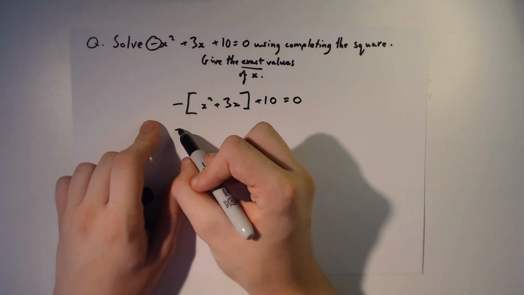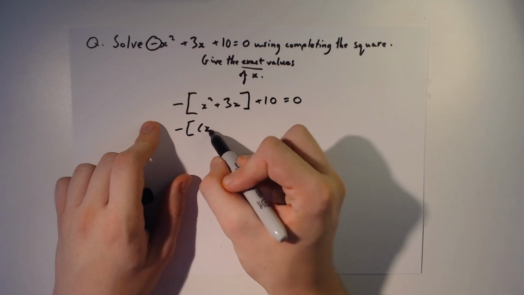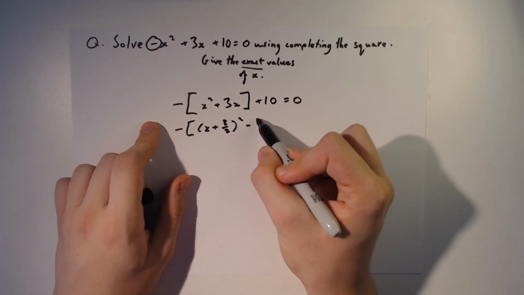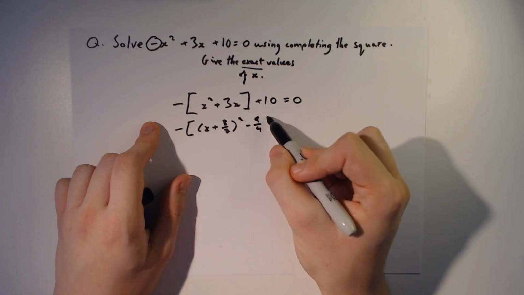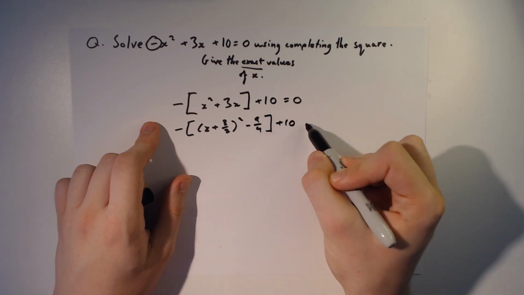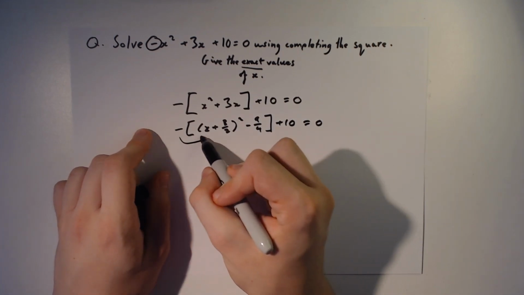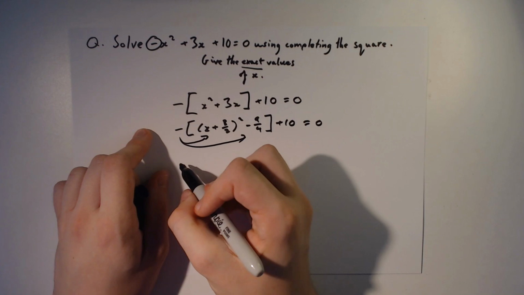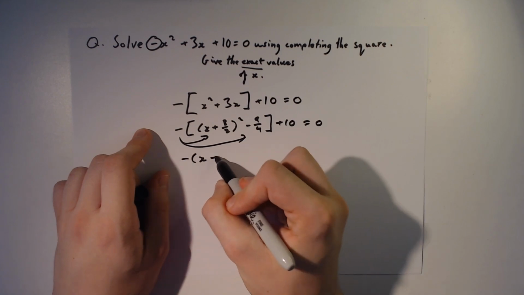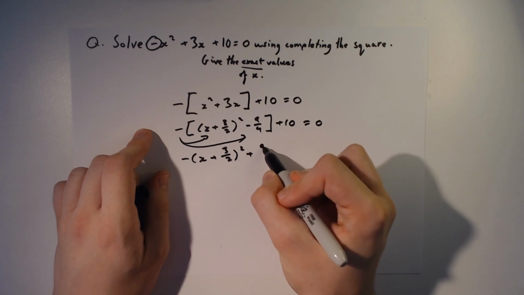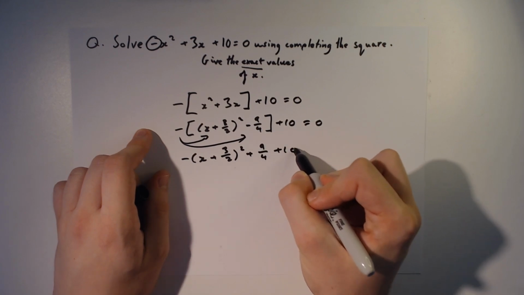From here, we factorize the inside of this bracket, x plus 3 over 2 squared minus 9 over 4 plus 10 equals 0. Then we can multiply this in to get minus x plus 3 over 2 squared plus 9 over 4 plus 10 equals 0.